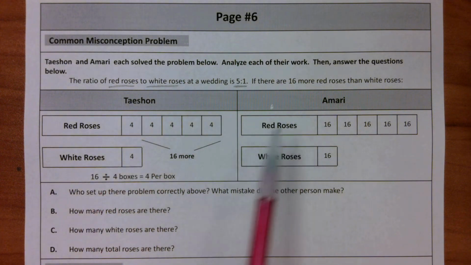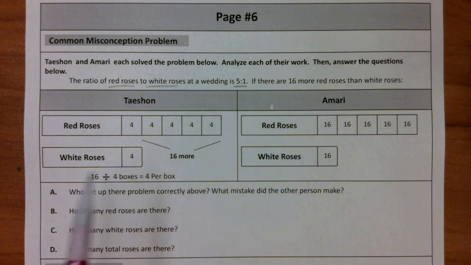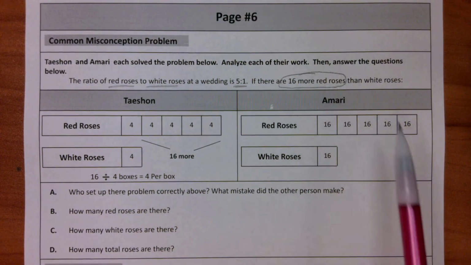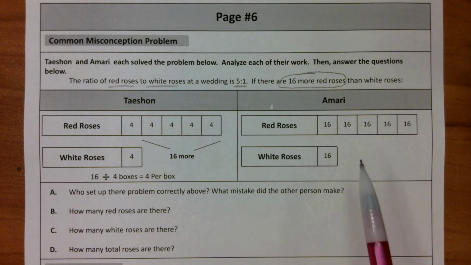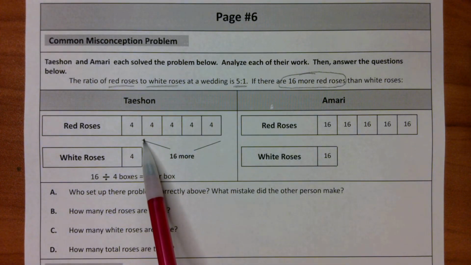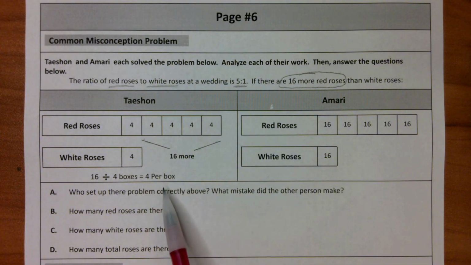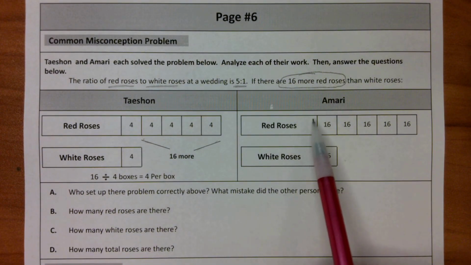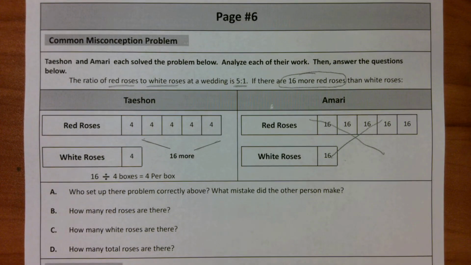I see both Tayshawn and Amari drew 5 boxes for red and 1 box for white. Then it says, if there are 16 more red roses. Well, I can see that Tayshawn labeled 16 more correctly, but then Amari put 16 in every box, which is not correct. So who set up their problem correctly above?